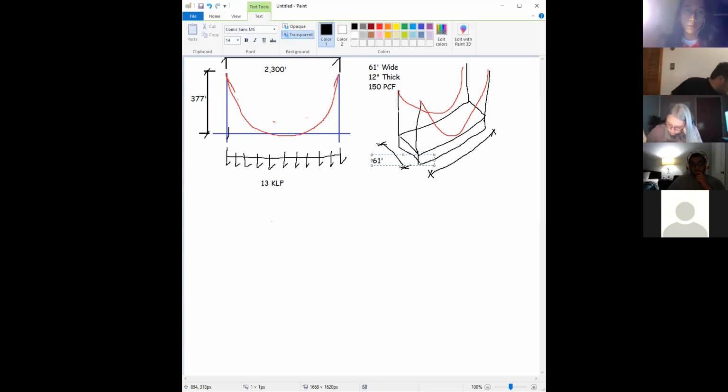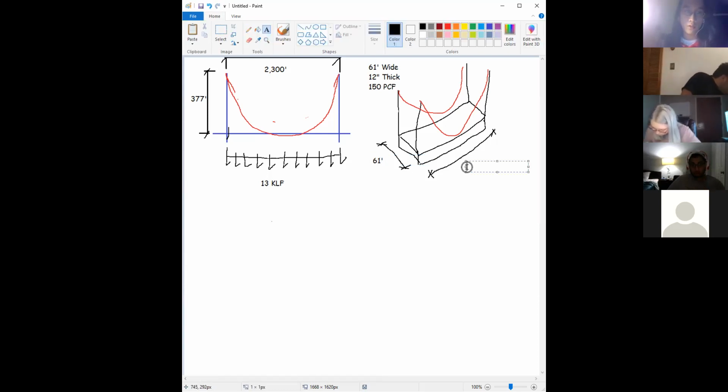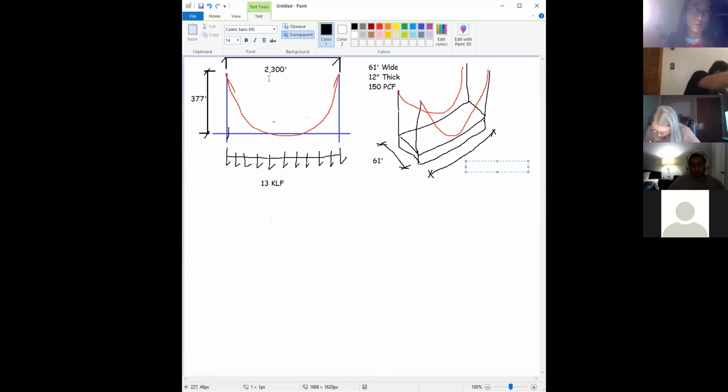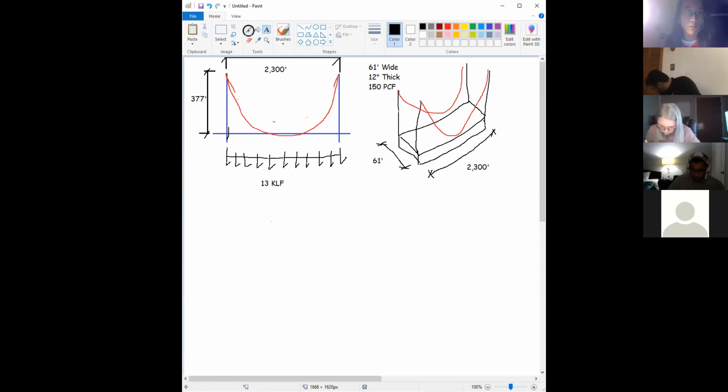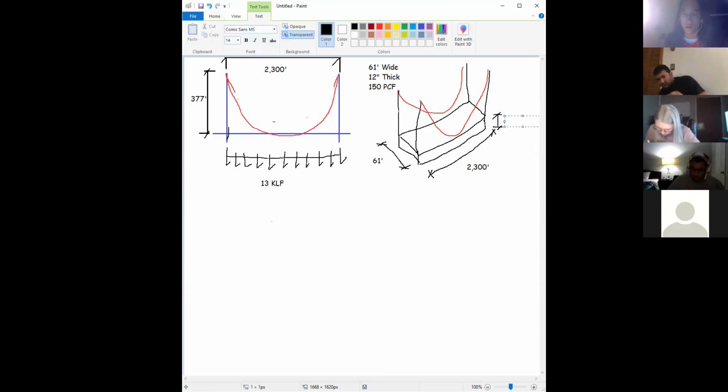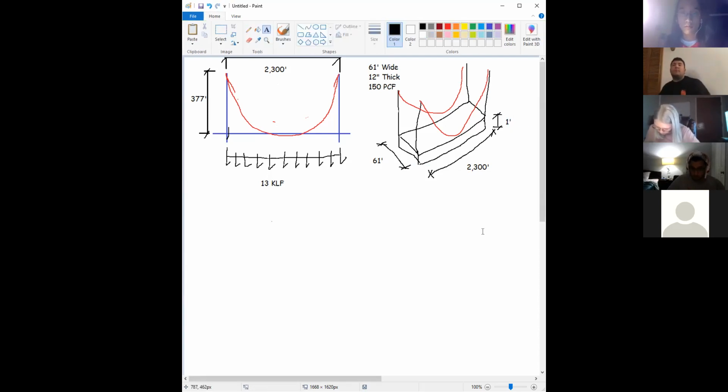So 61 feet wide. Remember, we take this measurement from here, 2,300 feet. And that is 12 inches, or you could just put 1 foot. Coolio. So now you have the bridge dimensions. You have the deck dimensions, which make up the bridge.